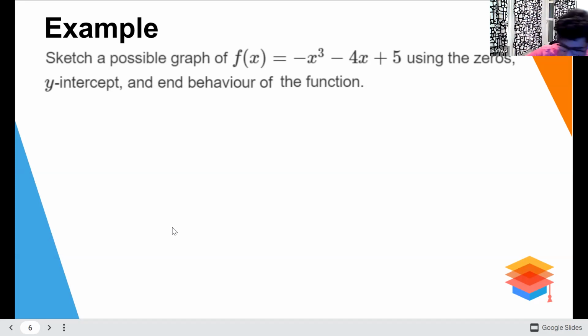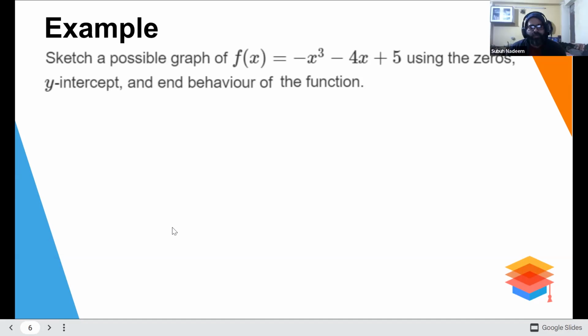Sir, how, sir? Because what is the constant? 5, and what are its factors? 1 and 5. And what is the leading coefficient? -1.